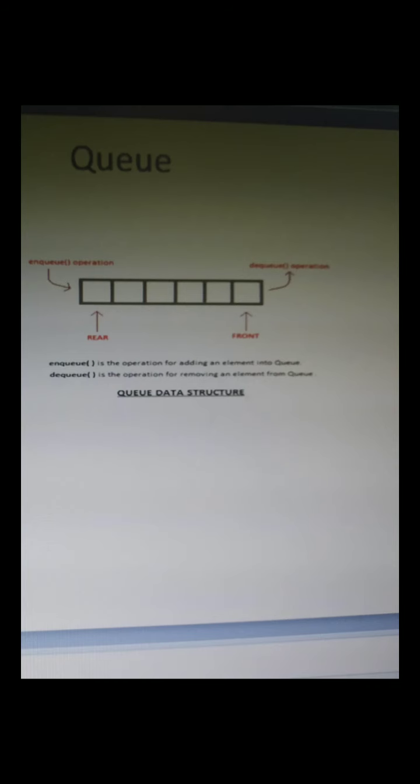From the rear end we always perform the insertion operations, and from the front end we do the deletion process. Suppose I insert my first element from the rear end, the deletion will always take place from the first element only.